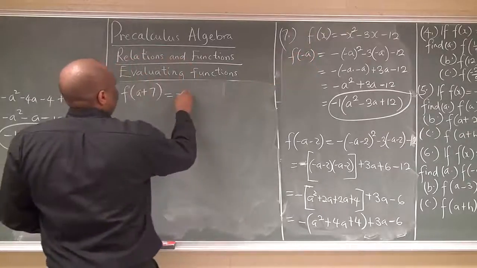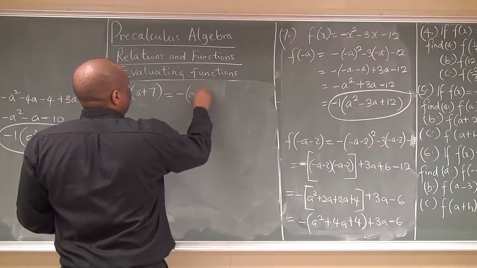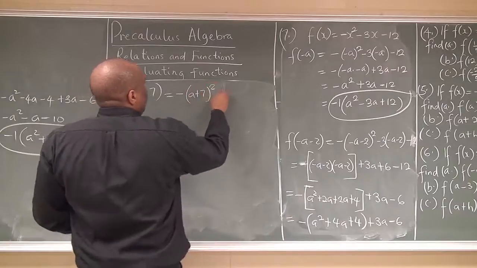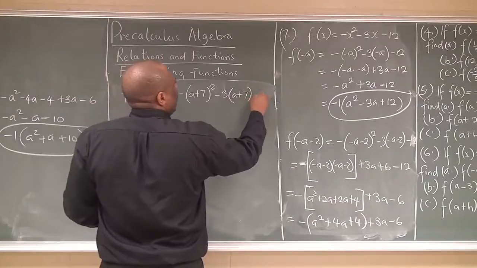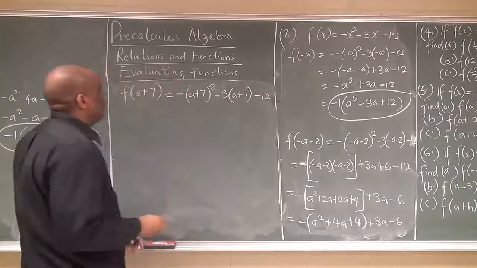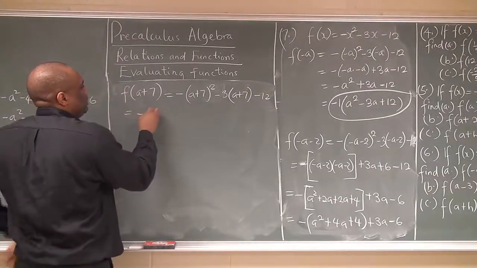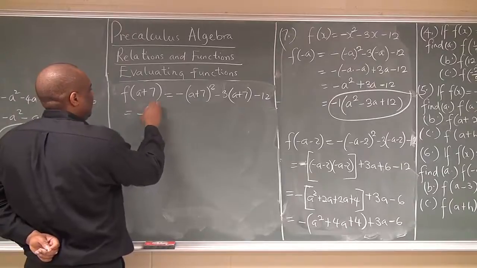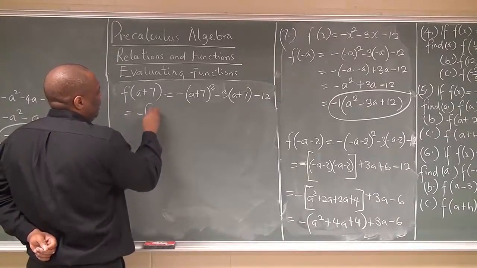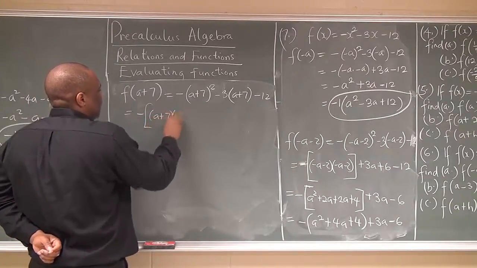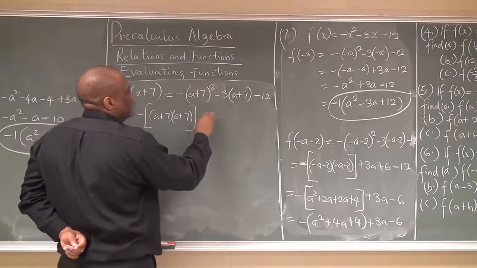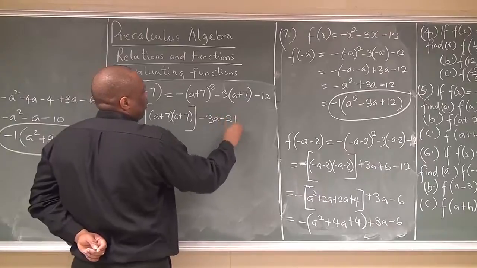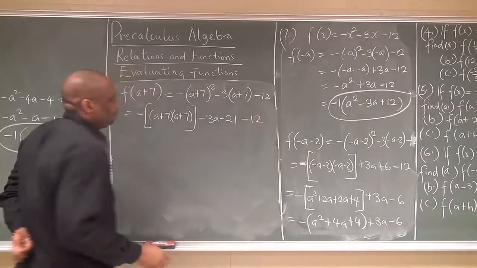This will be negative, then a plus 7 all squared minus 3 times a plus 7, then minus 12. Okay, so this will be minus or negative, it doesn't matter. I put my bracket, a plus 7 times a plus 7, then minus 3a minus 21, minus 12.